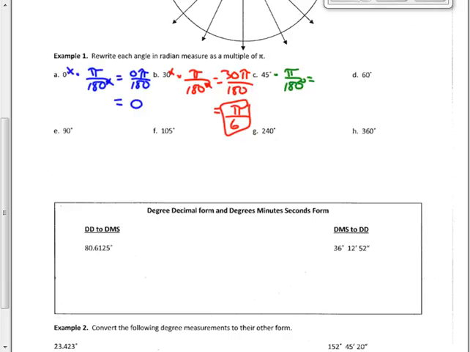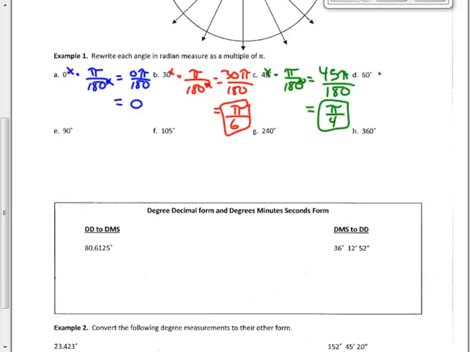So if I do this one, the degrees are going to cancel each other, and I get 45 times pi over 180. If I reduce that, 45 over 180 reduces so that I end up with pi over 4 at 45 degrees.